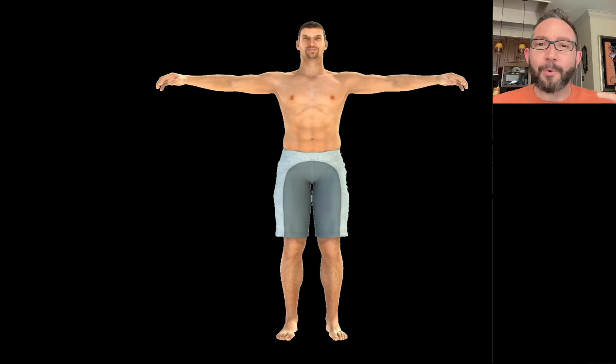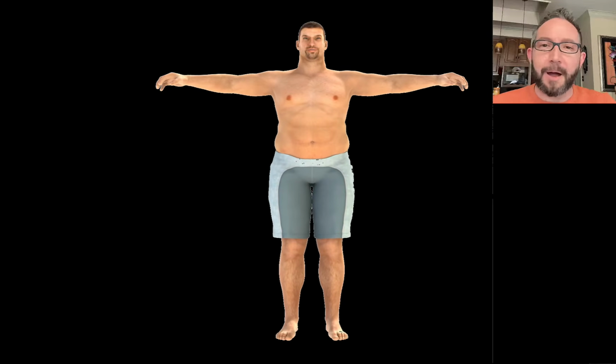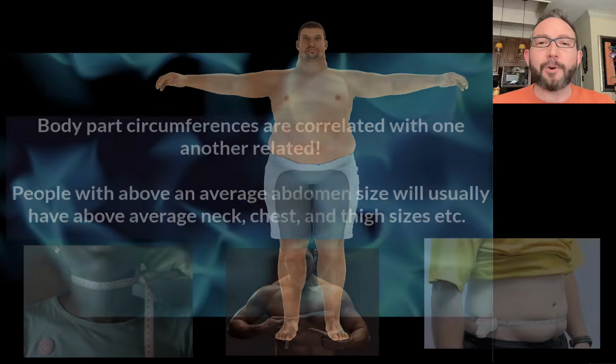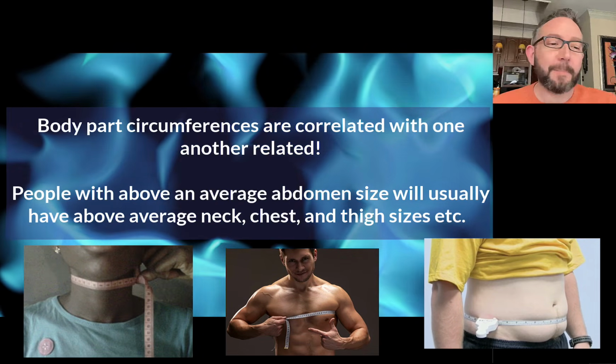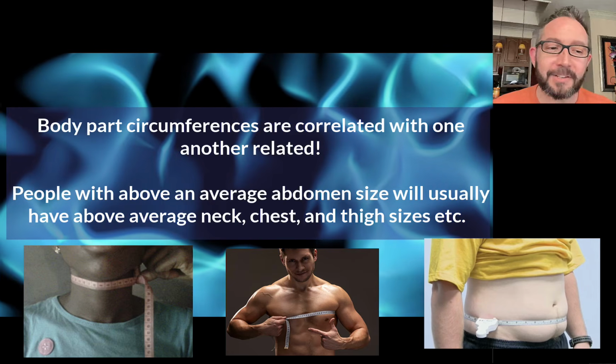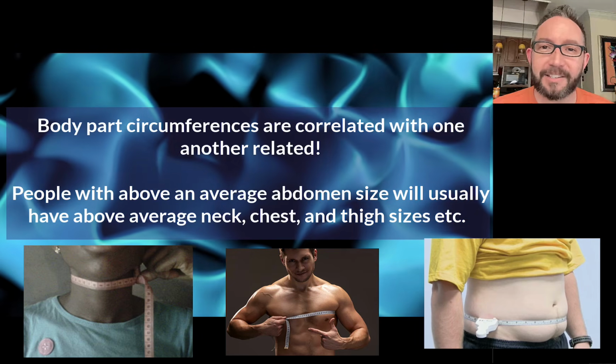As people gain more and more body fat, they kind of gain it all around their body, so all of these measurements are somewhat correlated with one another. People with above average abdomen circumferences are also going to have above average neck circumferences, chest circumferences, thigh circumferences, etc.